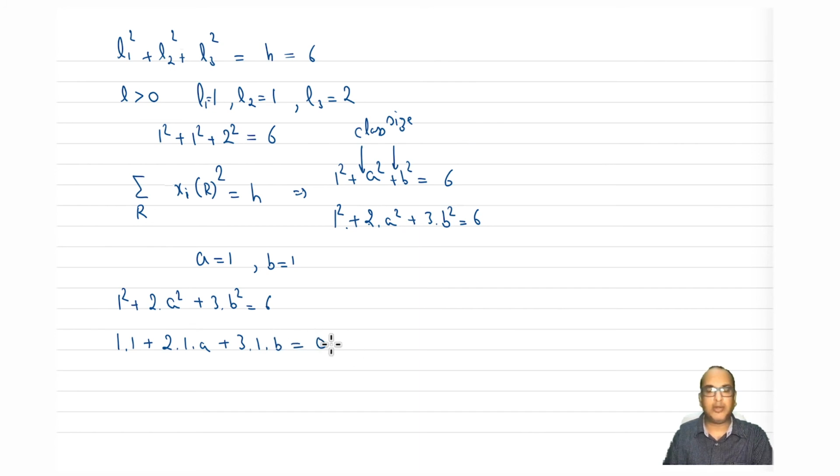Now this is the orthogonal condition, right? So what is the solution for this? If I do this, I get 1 plus 2A plus 3B equal to 0.